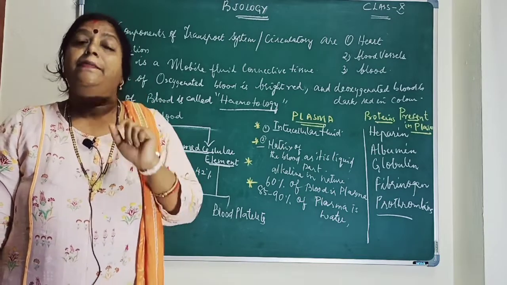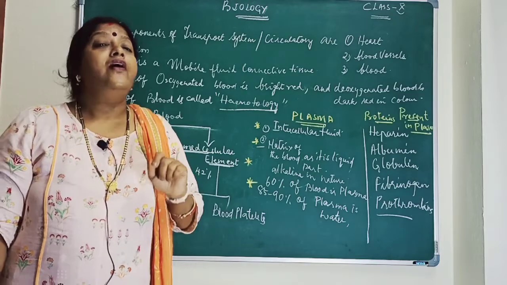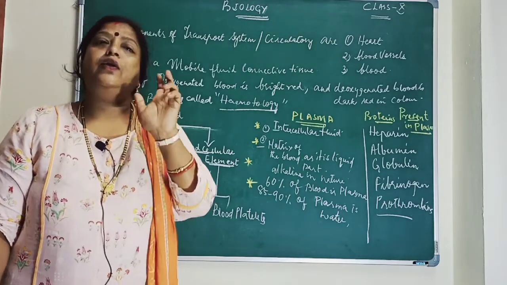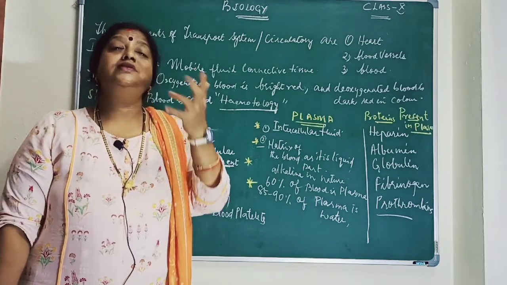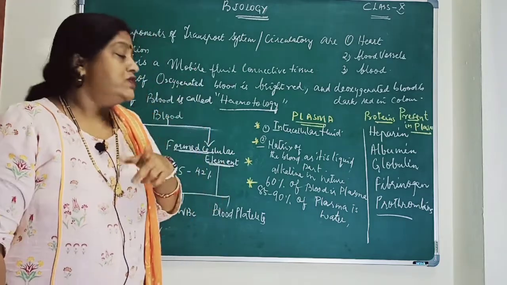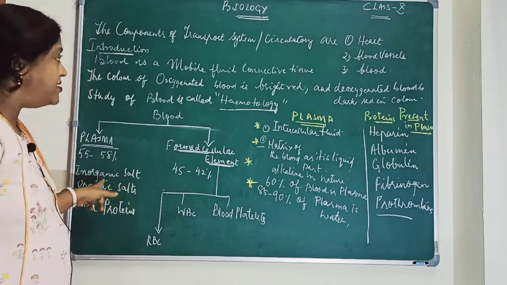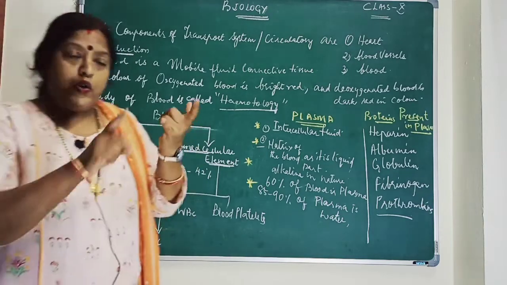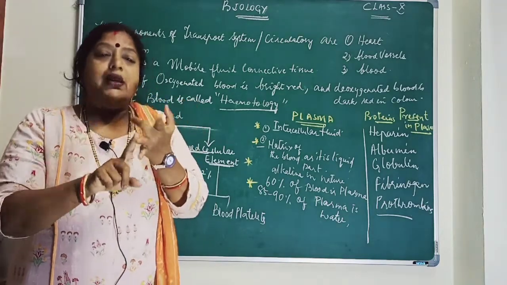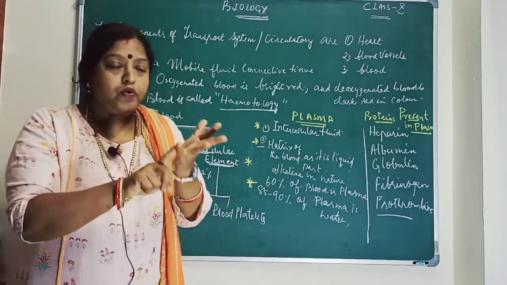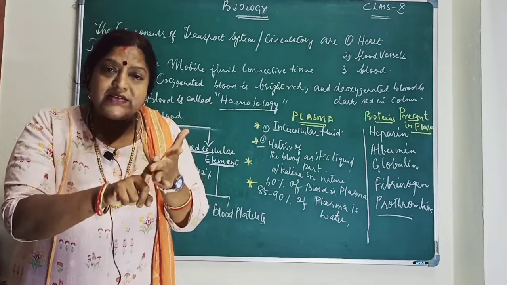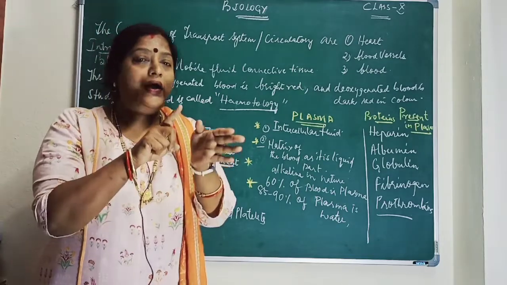Plasma also consists of various inorganic and organic salts. First we'll learn what are the inorganic salts present in the plasma. The inorganic salts, children, are chlorides, bicarbonates, sulfates, phosphates of sodium, potassium, calcium, magnesium and iron.